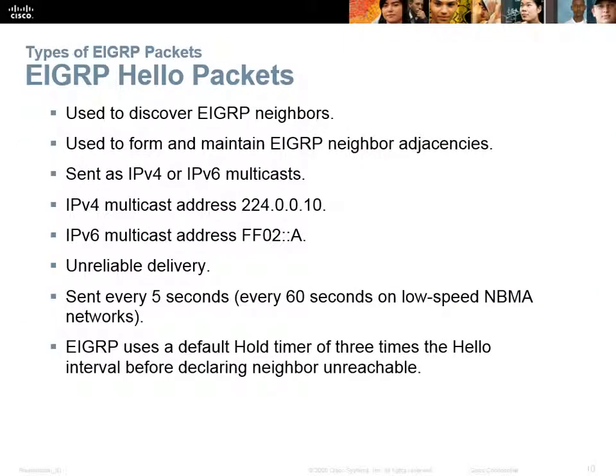They're used to discover the EIGRP neighbors. That means Josh and Marlon and Casey and I are all talking on EIGRP. We can send them as IPv6 or IPv4 multicast packets. What does that mean? What is a multicast? You send more than one, but does it go to everyone? Multicast does not.